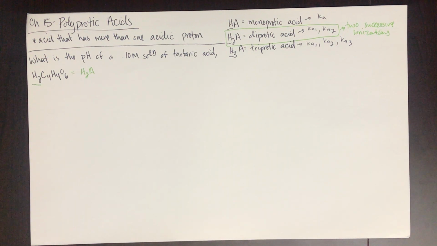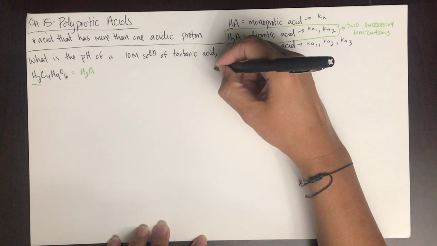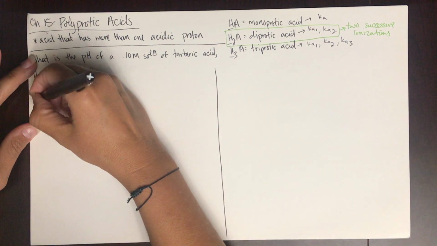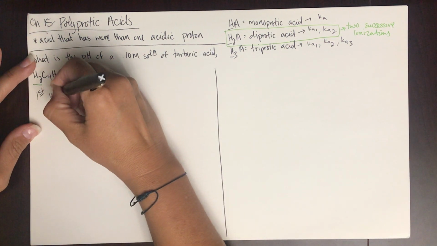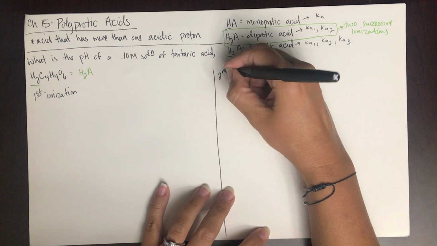Let's divide the page, and we'll say here is the first ionization and here is the second ionization.